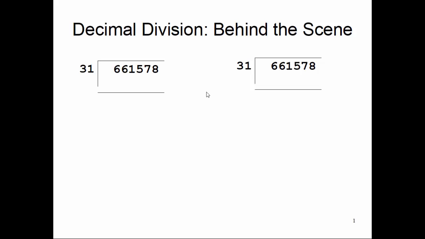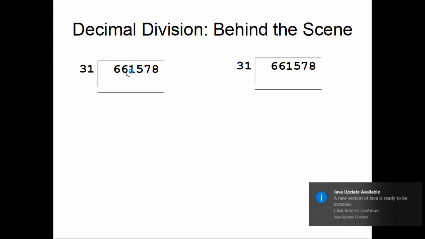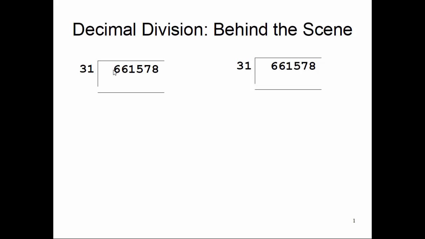On paper and pencil, we look at this big number, which is the dividend, and we start from the left hand side, the most significant digit side, and look for what number is going to be more than the divisor. Like here, from the left hand side, it is 66.